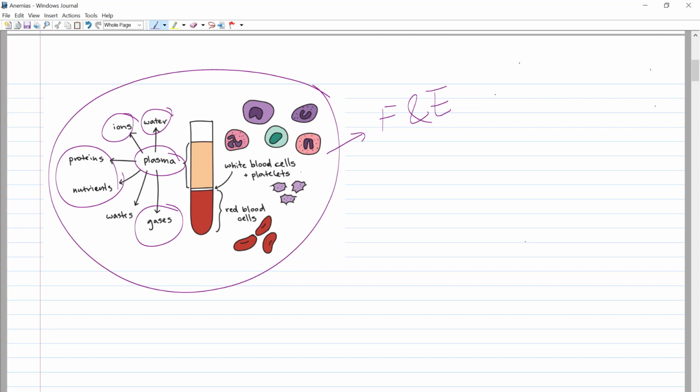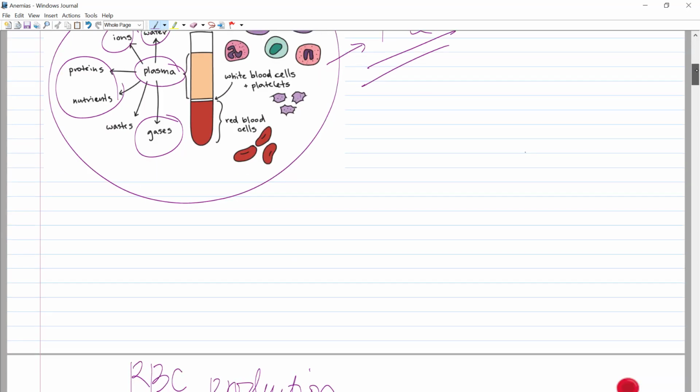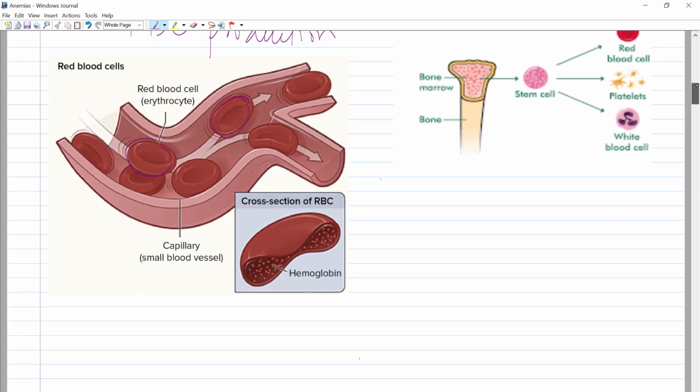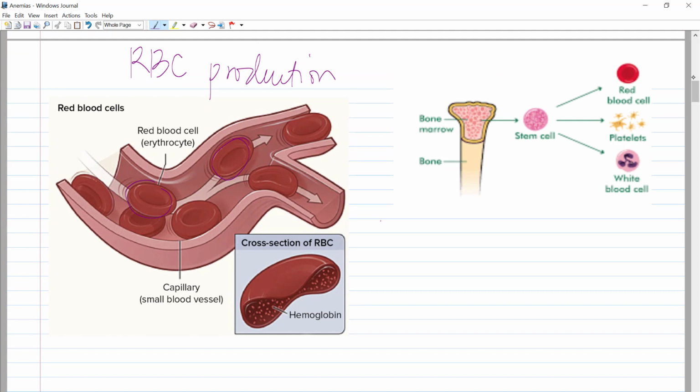So this is just reminding you that, again, this concept also has a relationship with fluid and electrolyte and acid base imbalances. Now, let's review, before we get to the different types of anemias, how red blood cells are produced.